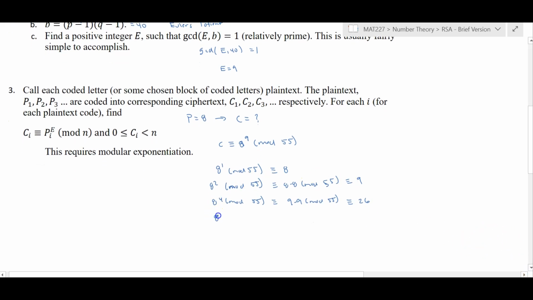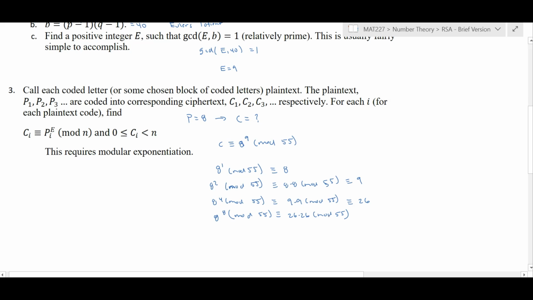And finally, 8 to the 8th, because notice that if we double 8, we get 16, and that's bigger than the exponent that we're trying to achieve. So 8 to the 8th would be the remainder of 8 to the 4th mod 55, which is 26. And since there's two factors of 8 to the 4th, it's 26 times 26 mod 55.